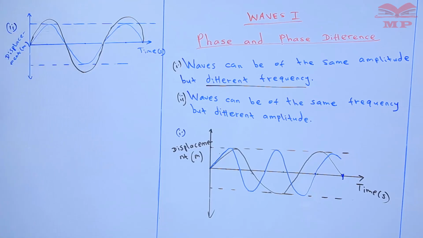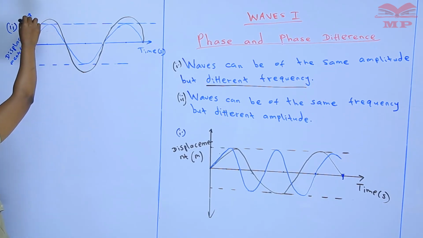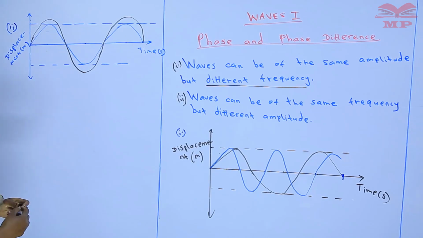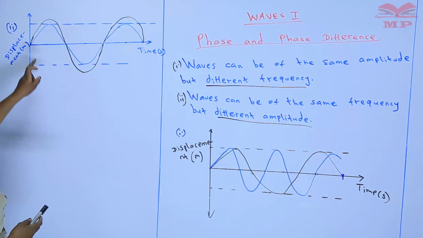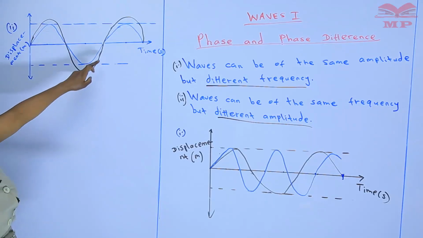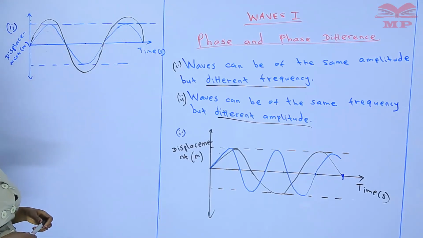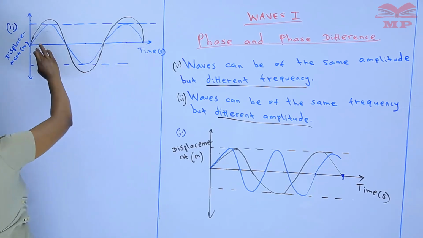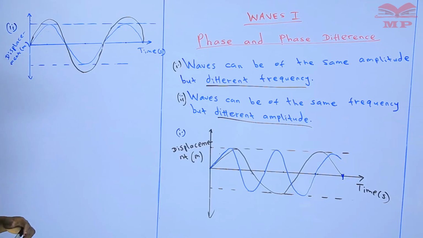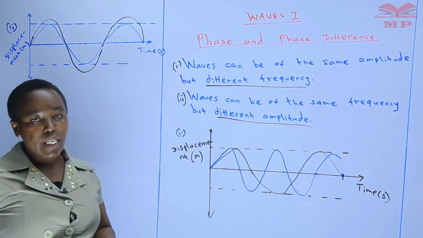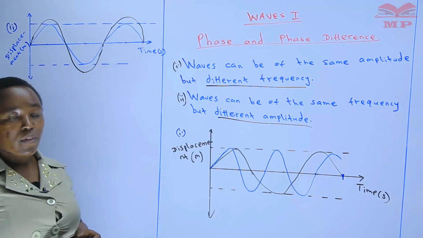So you can see clearly that the first wave, the amplitude is at this point, whereas for the second one, you can see where the amplitude is. So they have different amplitude, but the frequency is the same. If you look at the black one, it's 1.5 oscillations in the time given. The other one is again 1.5. So the frequency is the same, but the amplitude is different. So you need to make note of that.